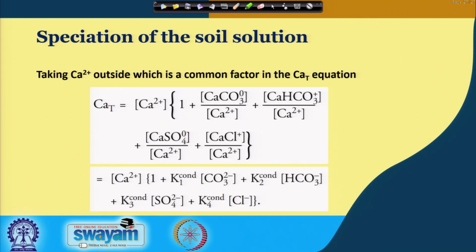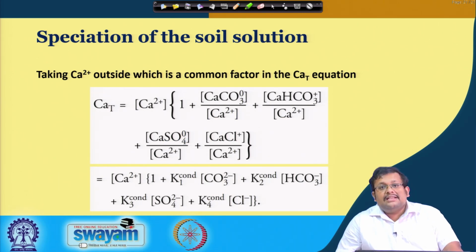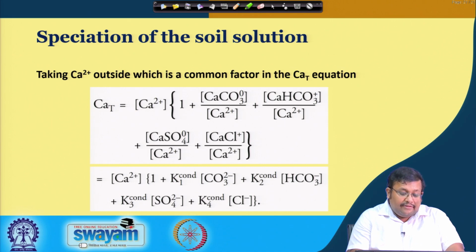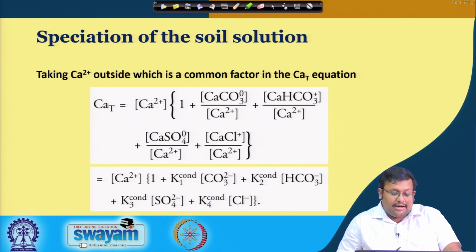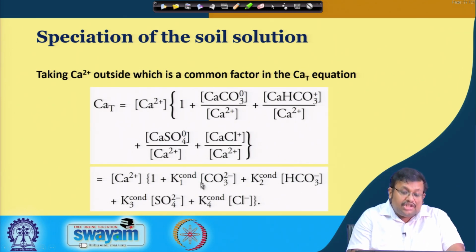We have expressed them in terms of the conditional stability constant. And then, by taking calcium 2 plus as a common factor, we converted the total equation into an algebraic equation, where we multiply the conditional stability constant of each compound by the concentration of that particular ligand.